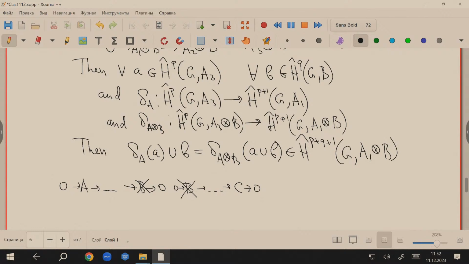And there is a similar but less well-known construction for the Tor functor. This is represented as a complex where one of the arrows is reversed. You may look at it in MacLean's book.